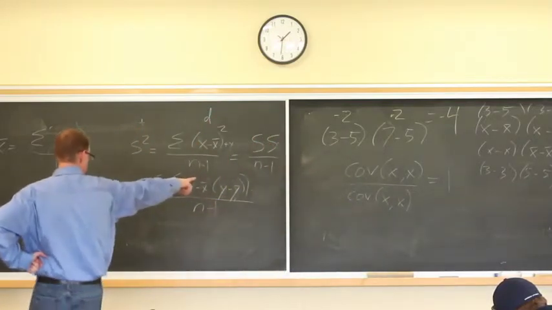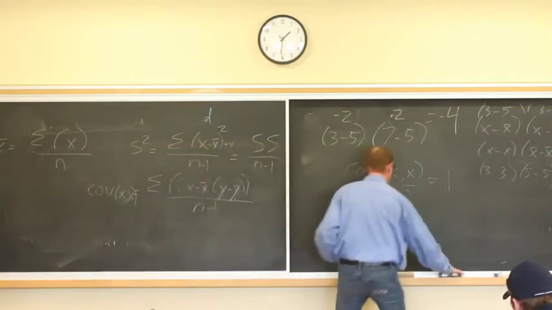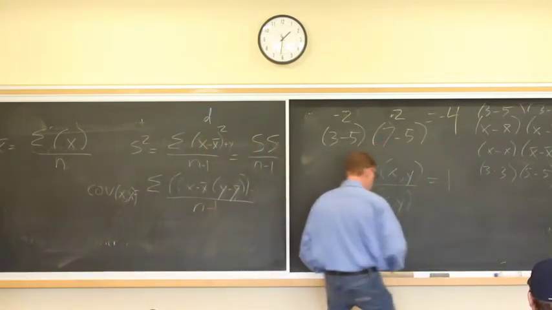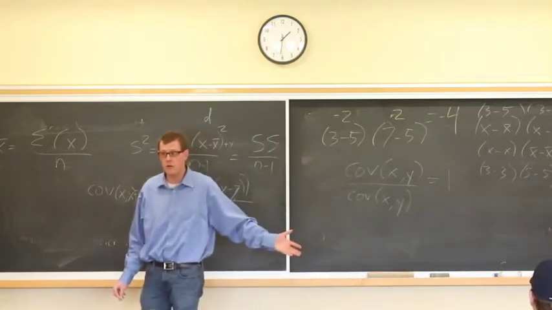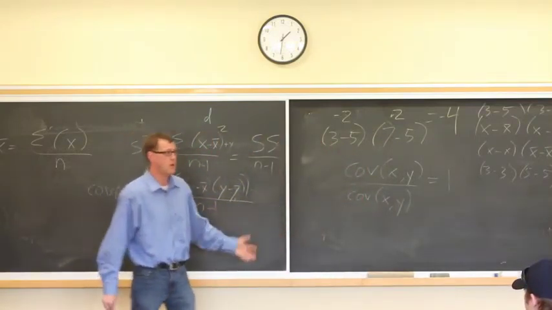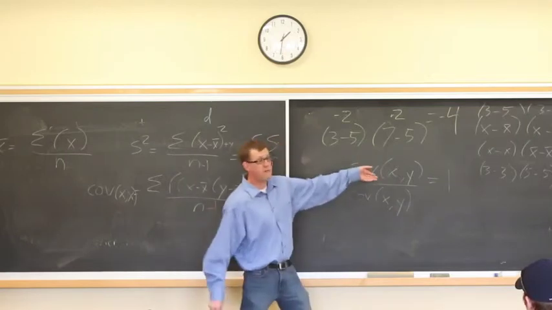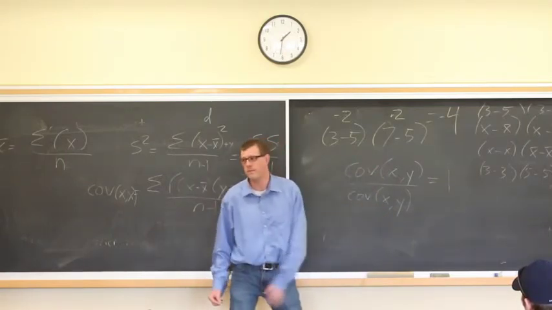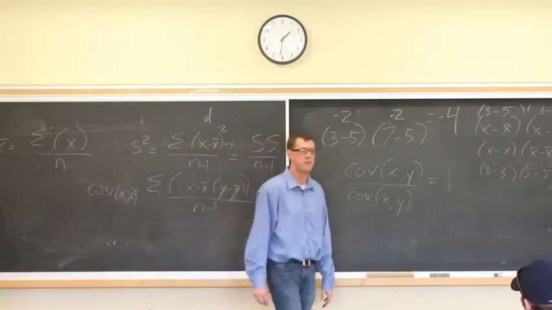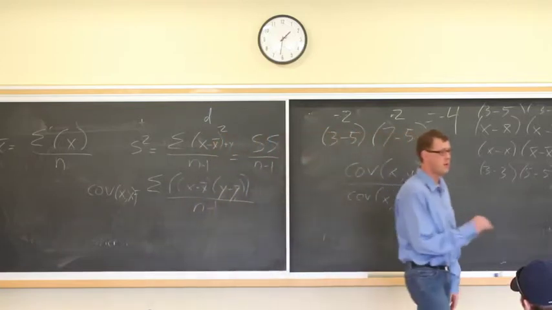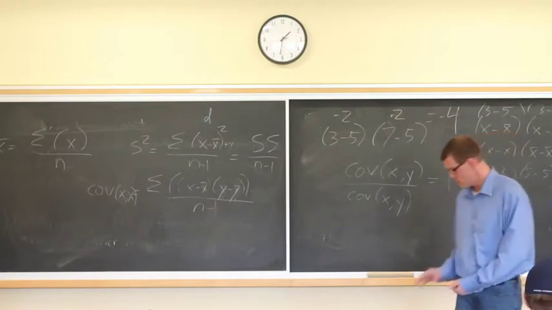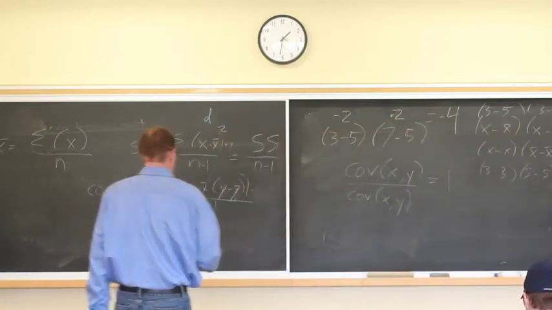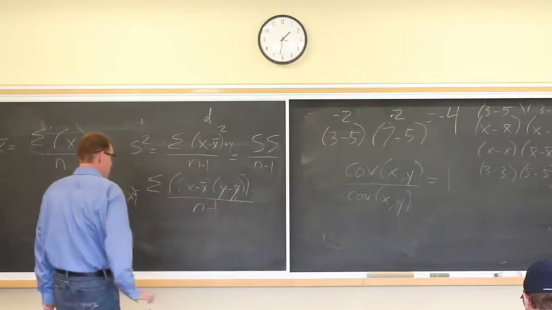Now this, even if we did it like this, is always going to equal 1, right? You have negative 53 divided by negative 53 equals 1. That's a problem. But with this, I thought we were using that to measure the correlation between something and itself.